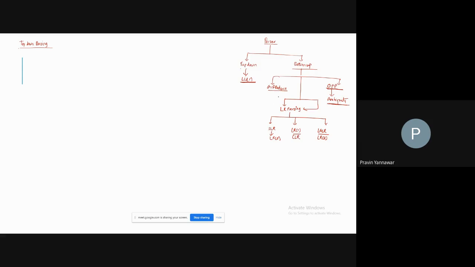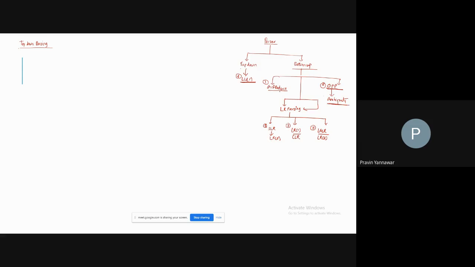So this is LL1. If we mark the total parsing methods, this is 1, 2, 3, 4, 5, and 6. So a total of 6 parsing methods we are going to see.